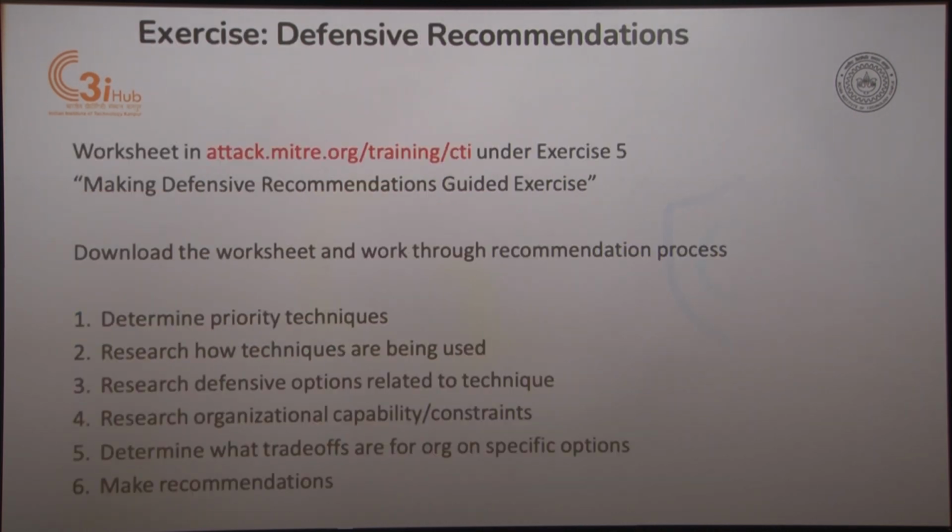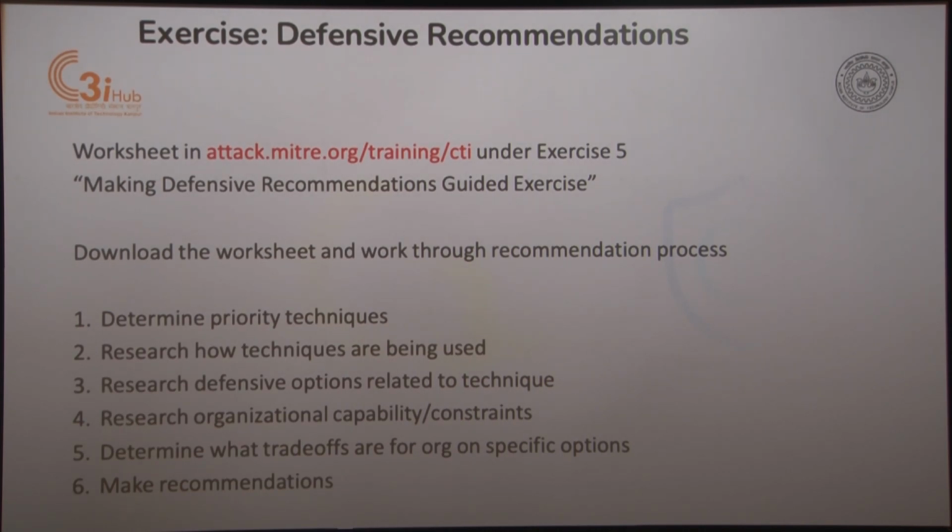Now, it is homework: there is a worksheet present on this link under exercise 5. You have to go through this making defensive recommendation guided exercise, download the required details, and do all this analysis practice by yourself to make a defensive recommendation for the given organization.